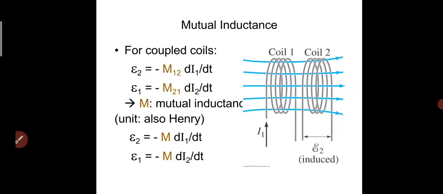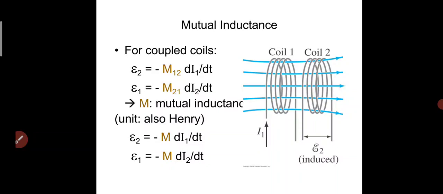First point, for coupled coils, this is coil 1, coil 2, so I1, I2. E2 is equal to minus M12 di1 by dt and E1 is equal to minus M21 di2 by dt.